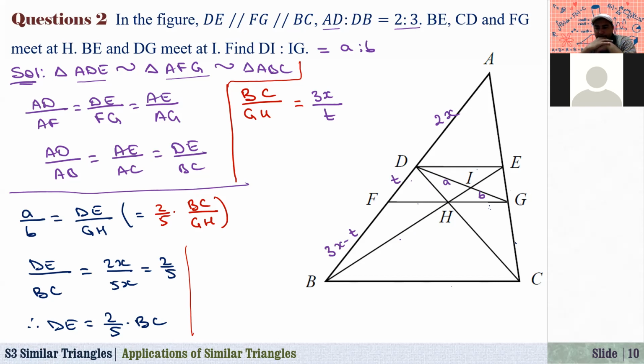By similarity, x over x plus T, DE over FG. So 2x over 2x plus T equals DE over FG.